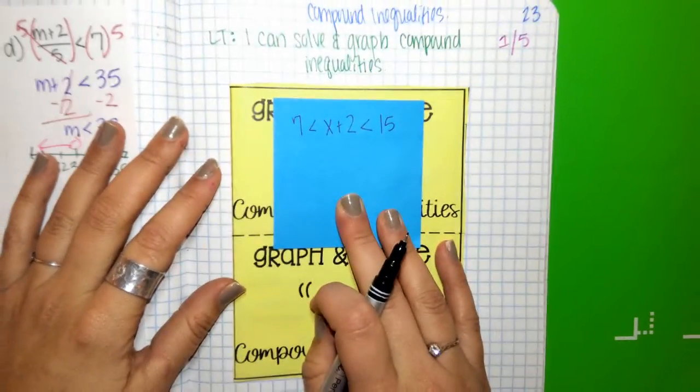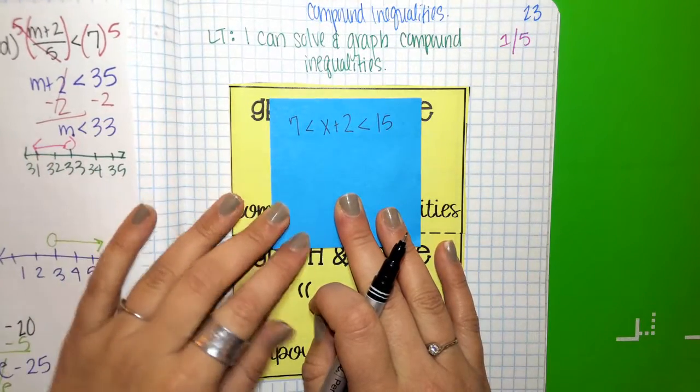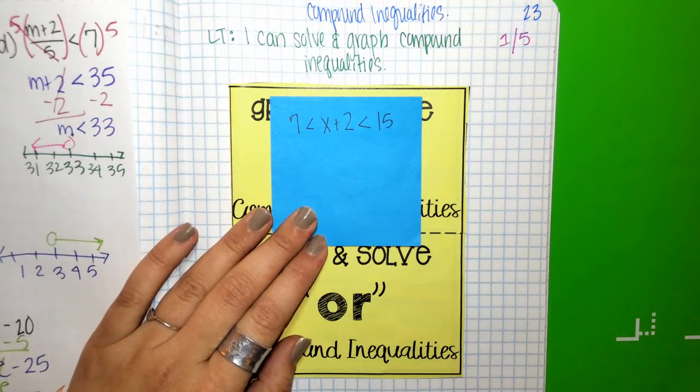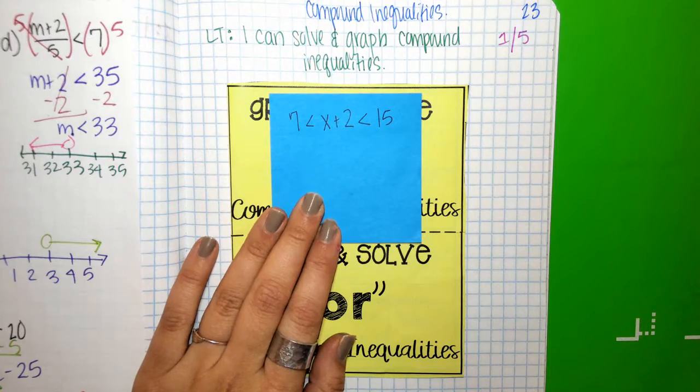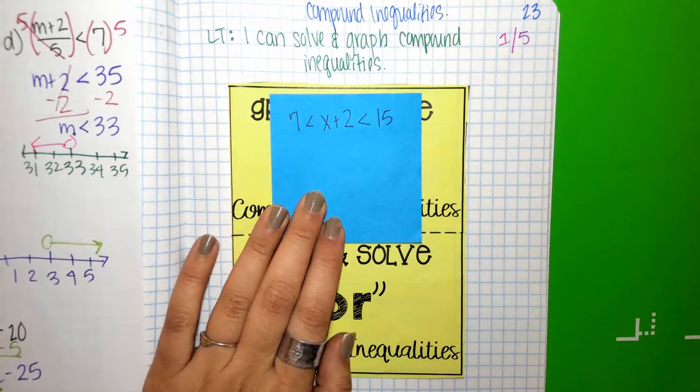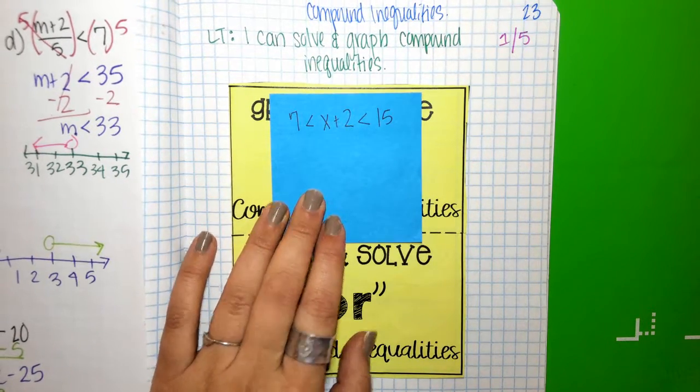So this is what a compound inequality looks like. How do you think we would solve this? I want you to think before you speak. Take a whole 15 seconds and think about it first.